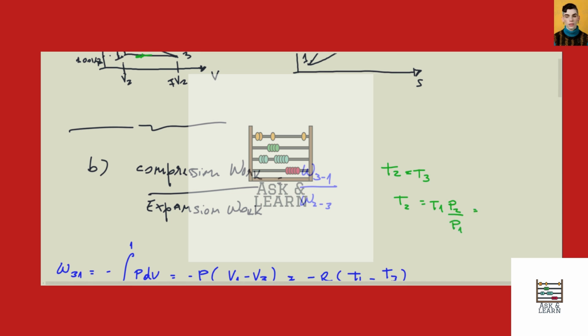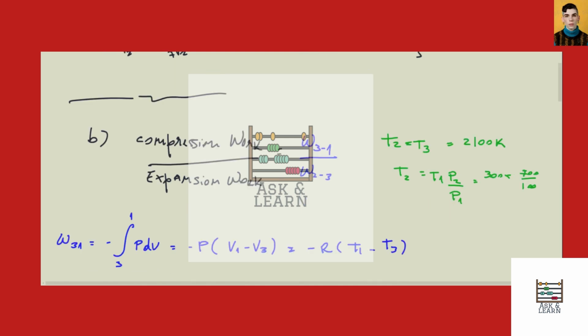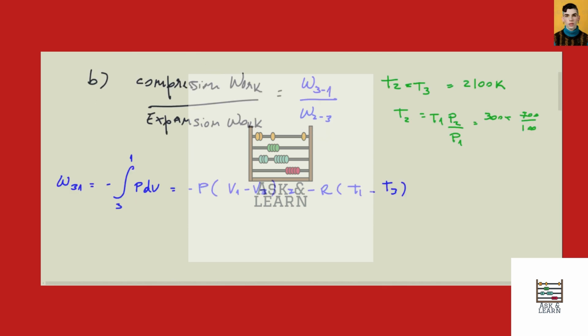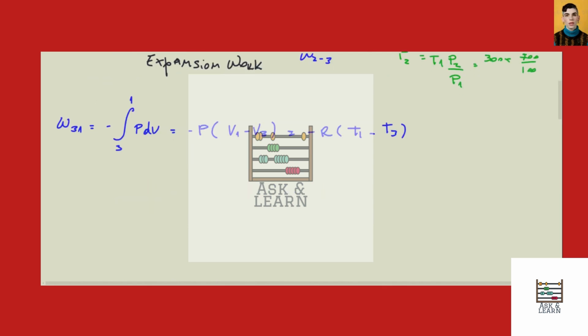This is just 300 times 700 divided by 100, which gives us a temperature equal to 2100 Kelvin.